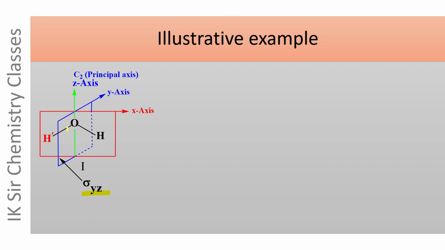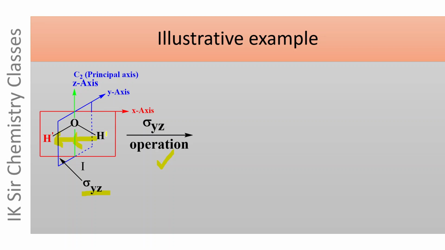If the H2O molecule is reflected through this YZ plane, it will be called sigma yz operation. During this operation, the H atom is moved towards the plane of symmetry and then in the same direction by the same distance to the opposite side.